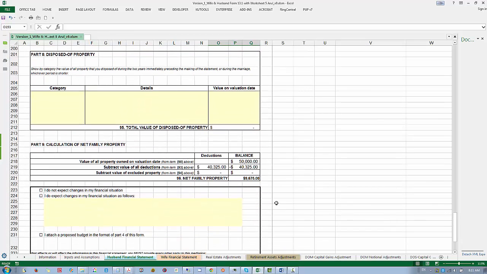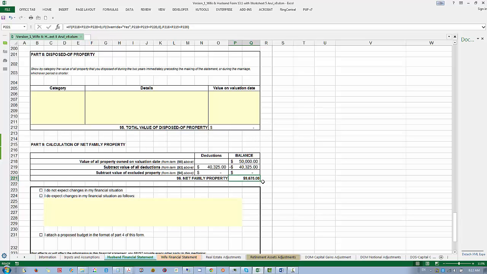And what it'll do is produce a net family property value, and this is the numbers in which the spouses equalize. So if one comes in at $20,000 and the other one comes in at $10,000, then the spouse with the 20,000 equalizes with the spouse with 10 by half the difference.